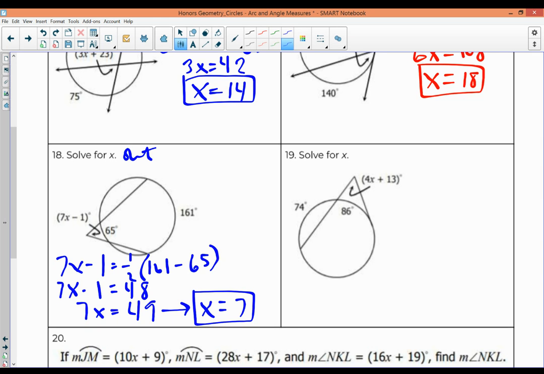All right, and 19 looks like it has another extra step there. We need to find the measure of this arc right here, because this is an exterior intersection.